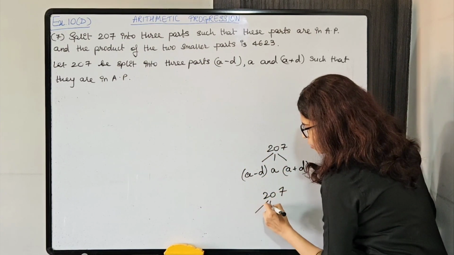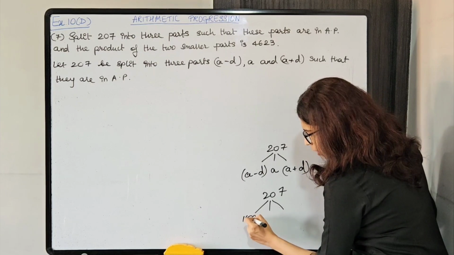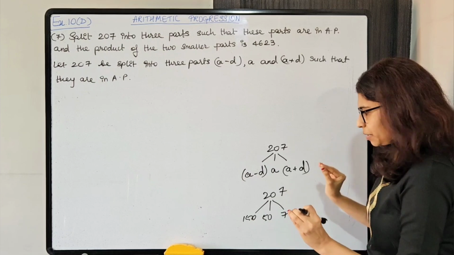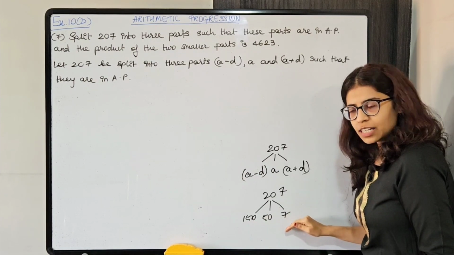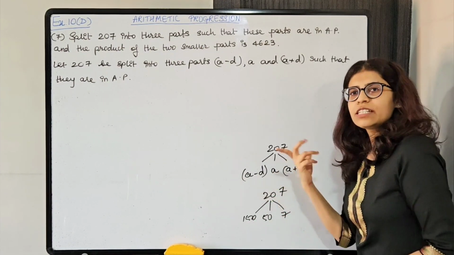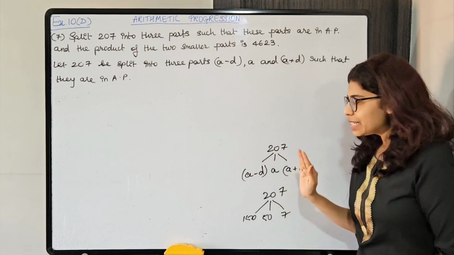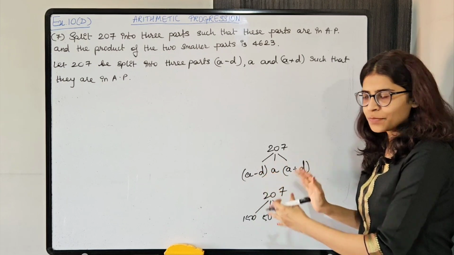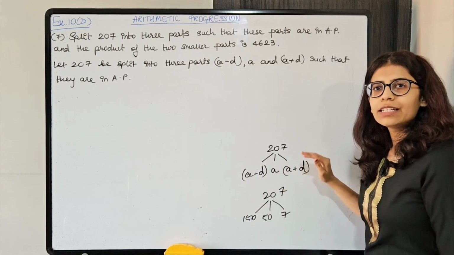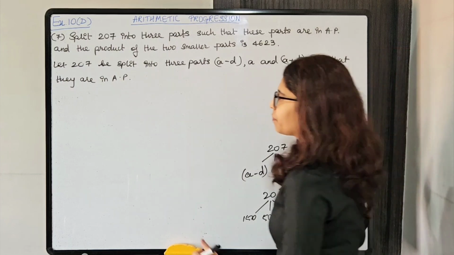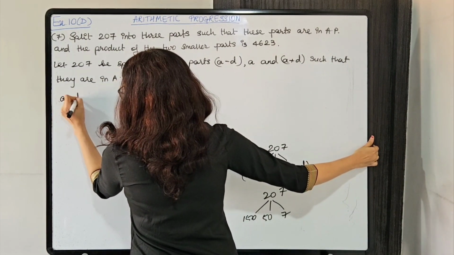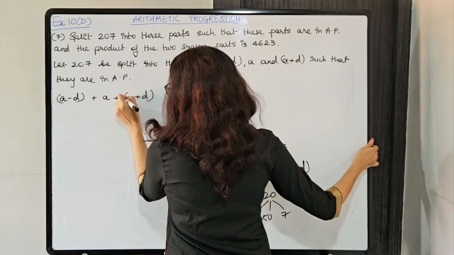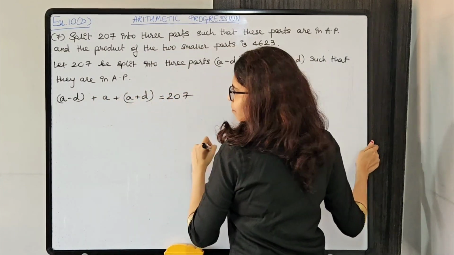Suppose I am splitting 207 into 150, 50 and 7. Of course this is not in AP, but मैंने 3 parts में divide किया है, तो ये तीनों parts को add करके मुझे वापस से 207 मिलेगा, right? Same logic over here, just that they are having some difference, common difference. Okay, so ये तीनों parts को add करके मुझे 207 मिलेगा. So A minus D plus A plus D is equal to 207.